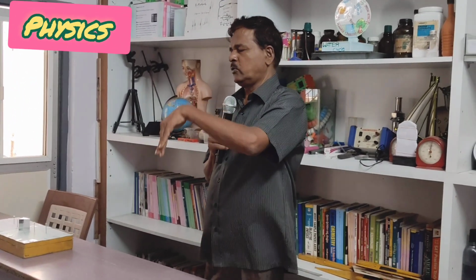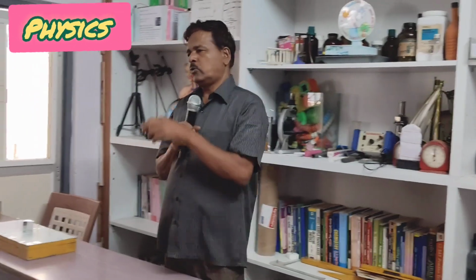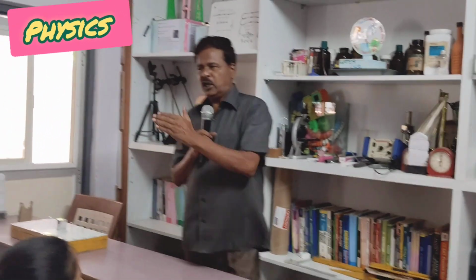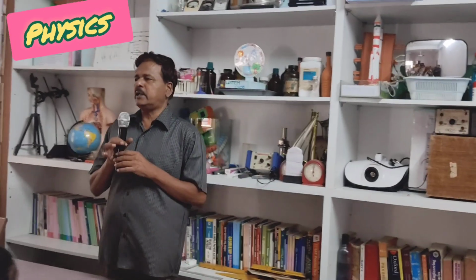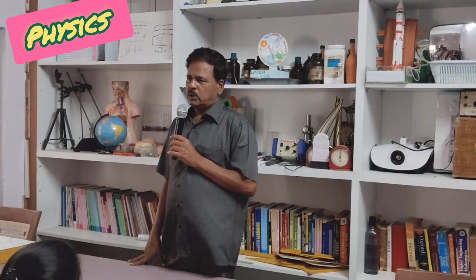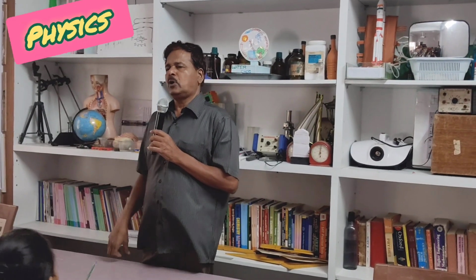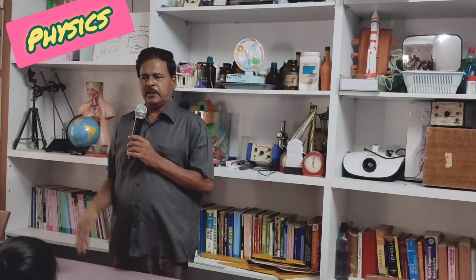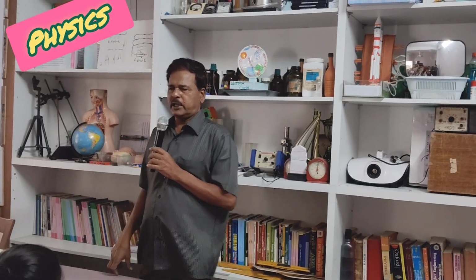If you measure in the downward direction, the y-axis values are negative. Left side x-axis values are negative, right side positive. It is nothing but Cartesian coordinates, Cartesian algebra. You already know it, no need to say again and again. So these are the rules for sign convention.